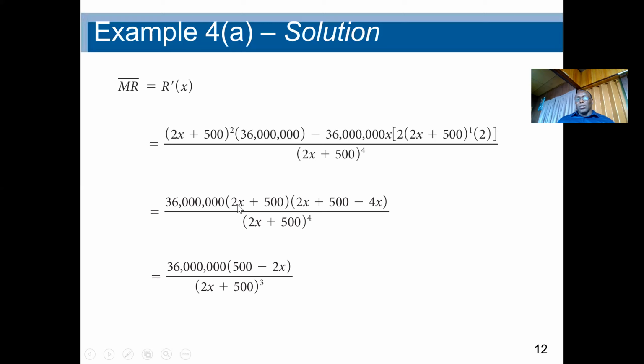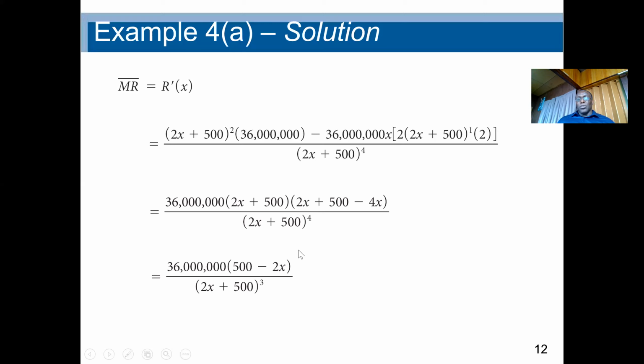Then we get 1000x. Then we get another 1000x. Then we get another minus 2000x. So we can see that the x terms will cancel. 2000x minus 2000x will cancel. So we get 500 minus 2x. That's why we got this.